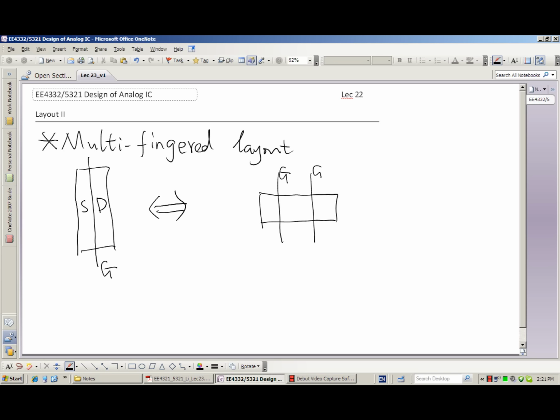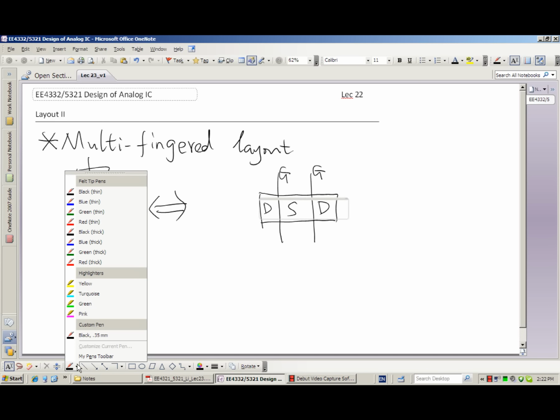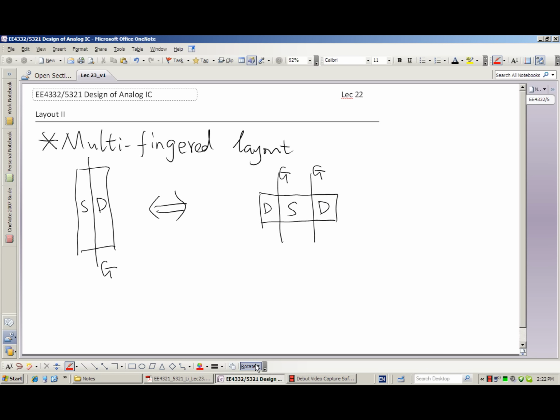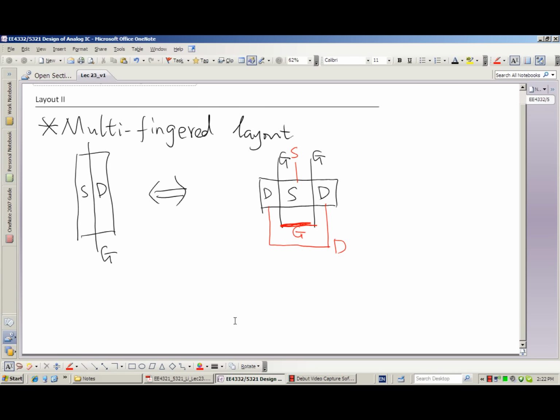So the gate of the first transistor, the gate of the second transistor, and the source shared here. When we use the multi-finger layout, we have to make connections in this way: connect the gates together so that they are in parallel, and also connect the drains together. So now this is the gate of the whole thing, this is the drain of the whole thing, and this is the source.